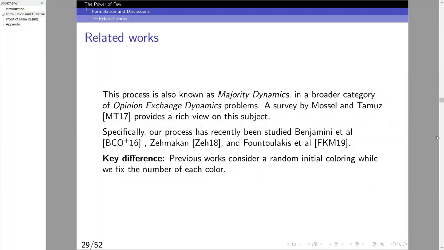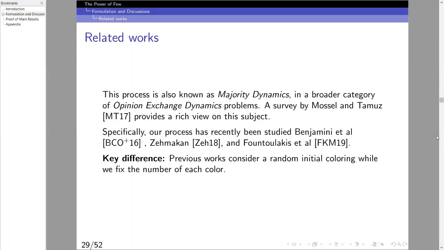Before moving on, I'll mention some related works. The process has already been studied under the names majority dynamics or majority percolation. It belongs to a very broad category of opinion exchange problems. Also, a lot of people have been studying our exact same process.